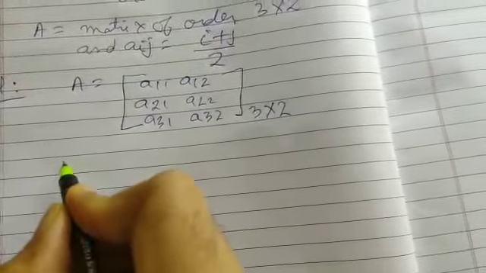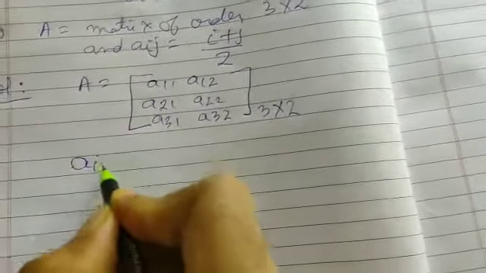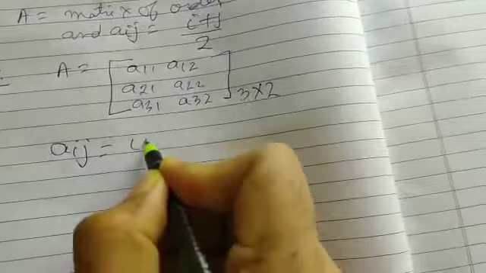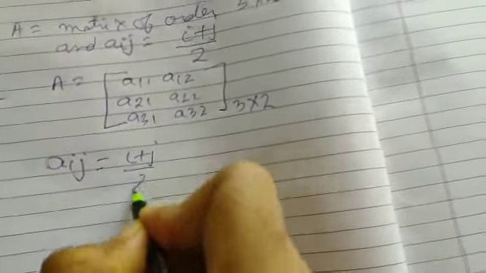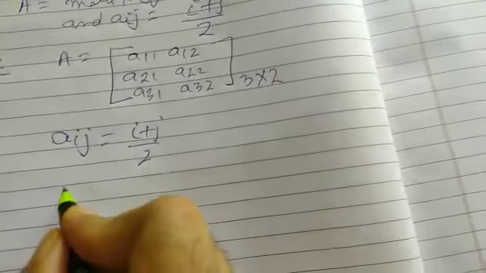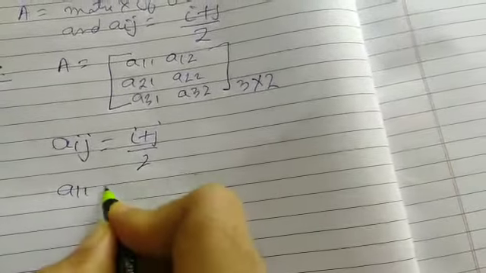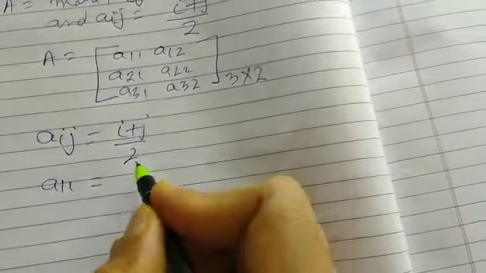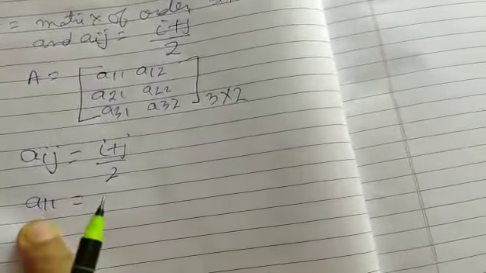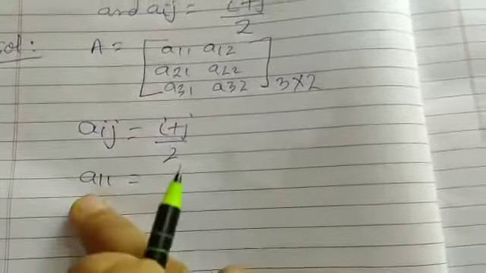Let us see the first one. In general, what is Aij? Aij equals (i plus j) divided by 2. The first element is A11. The first entry is i and the second one is j. So i is 1 here, j is 1.